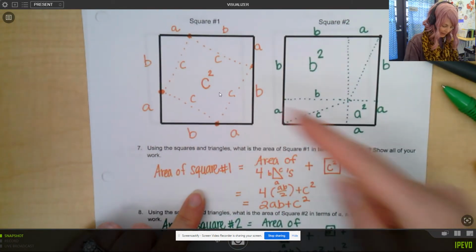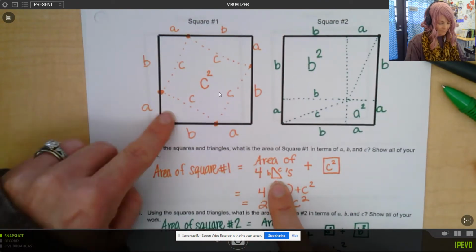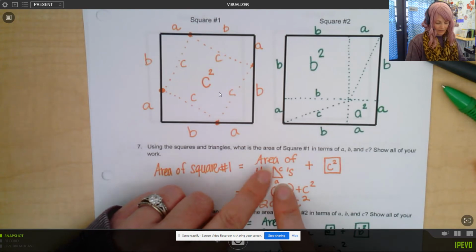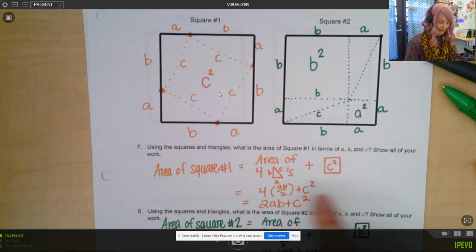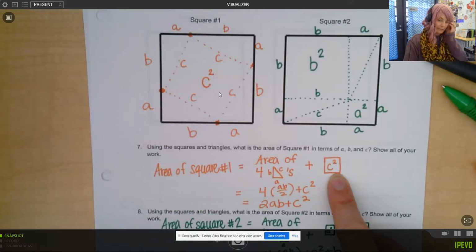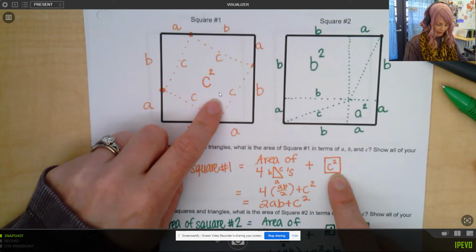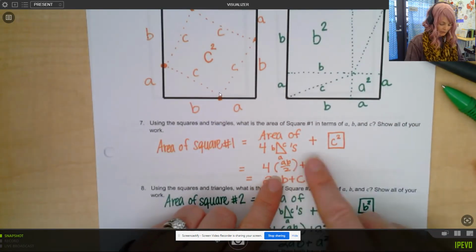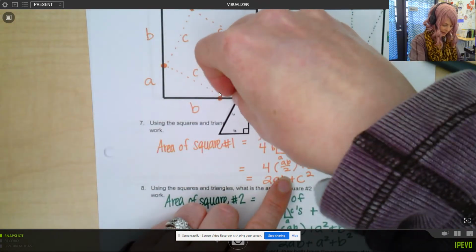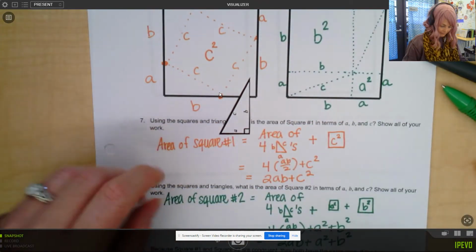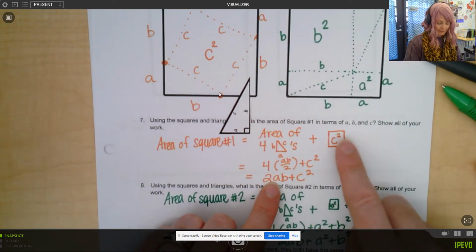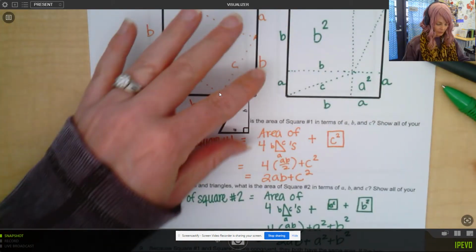So square 1 for me, I have the area of 4 congruent triangles, which all have a base of A and a height of B. And I have a square that's C squared. So if I'm making up the area of this square, I notice it's 4 times AB divided by 2, because each triangle has a base of A and a height of B. The area of a triangle is base times height divided by 2, plus C squared, which is the area of the square.